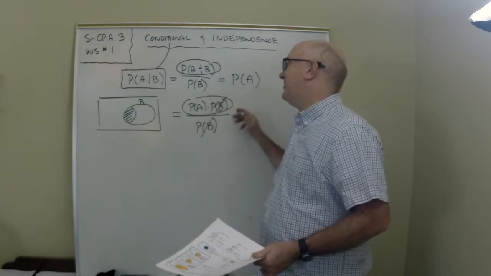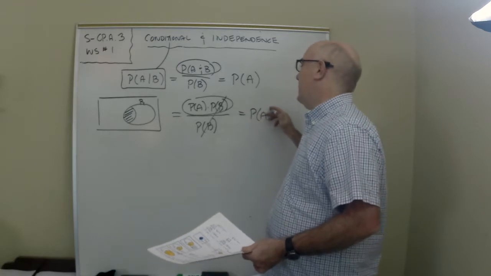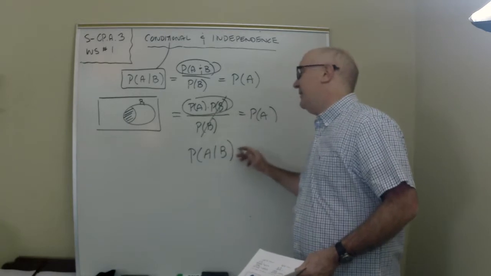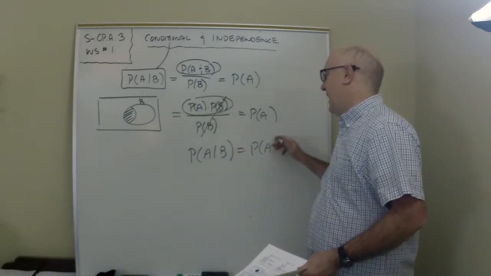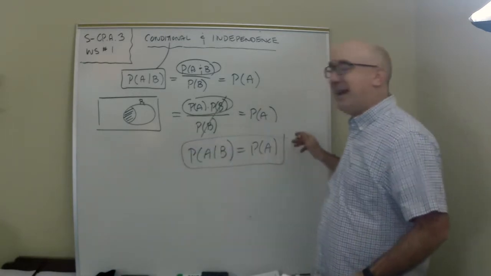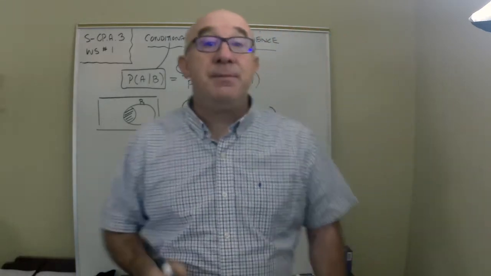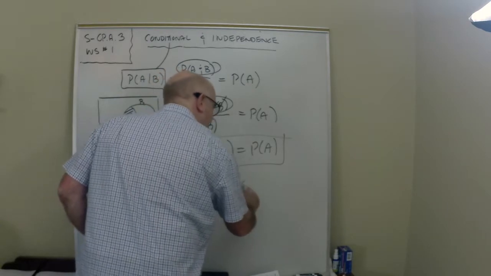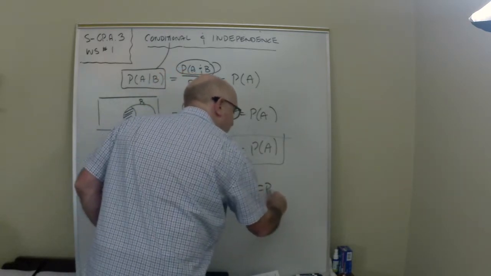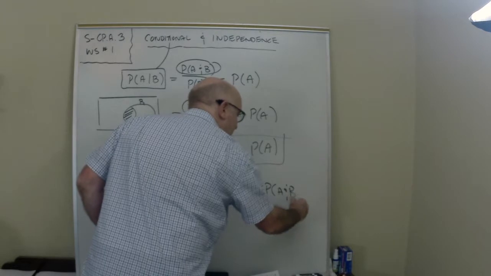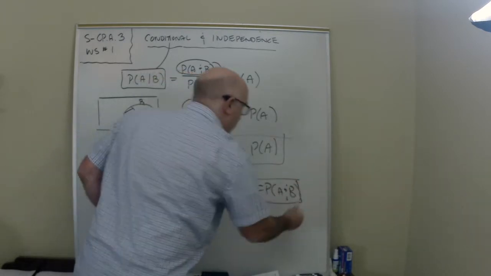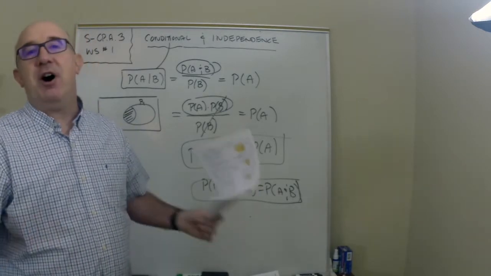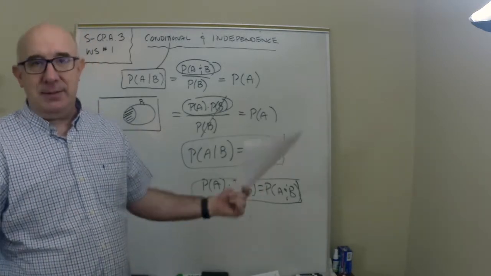If they are truly independent, then the probability of A, given that B has happened, is simply the probability of A. This is the second test of independence. The first test was if the probability of A times the probability of B is simply the probability of A and B. If the original numbers produce the intersection, then they were not changed in any way and you're independent.